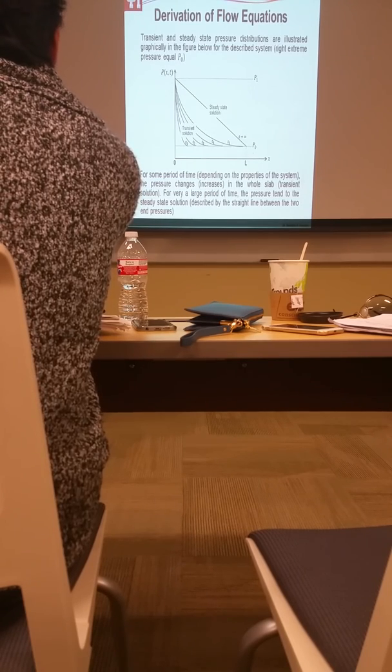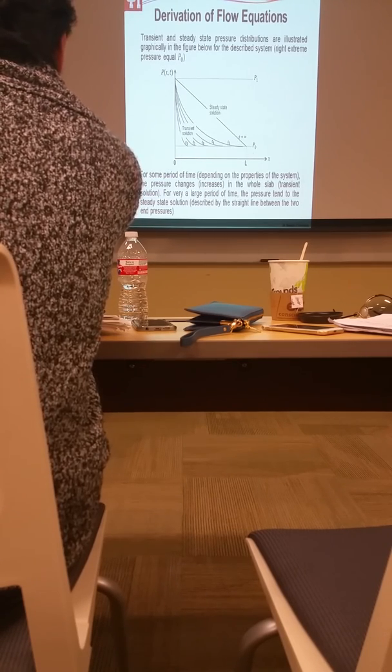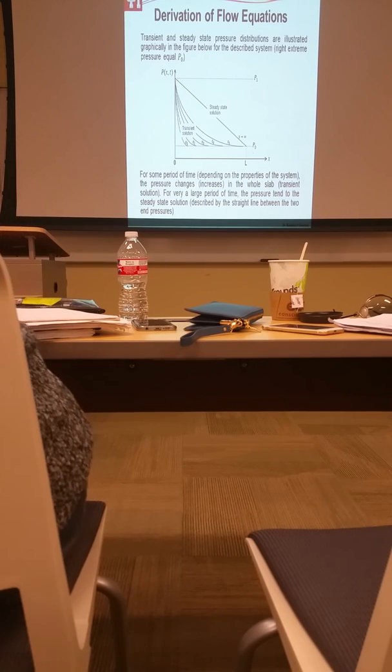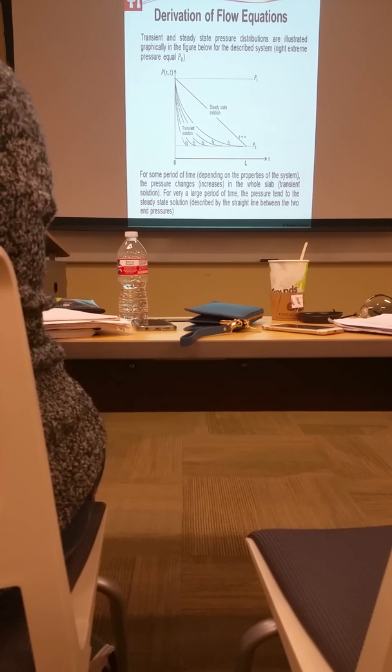Remember that I raise the pressure at x equals 0. And then I can draw the curve for the first time, T1. And as the time is transient, in transition, these curves are more and more pronounced. Remember that I am forcing my system to keep the pressure P0 at my end L.